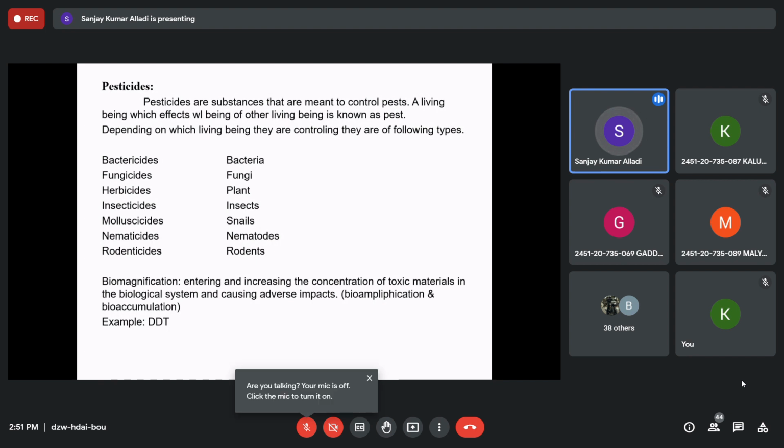So this process of increasing the concentration of a chemical in the biological system is called biomagnification. Magnification means increasing the concentration of toxic chemicals in the biological system and causing adverse impacts.